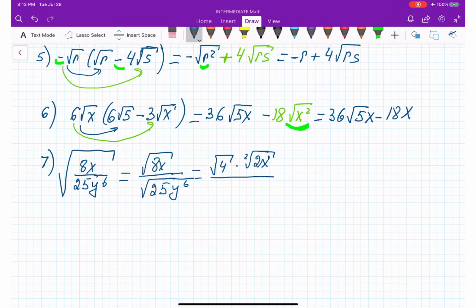Now, here, square root of 25 is going to be 5. And the square root of y to the power 6, what do we do? We take this 6 and divide by 2, 6 divided by 2 will be 3, so it will be y to the power 3. Okay. Next.